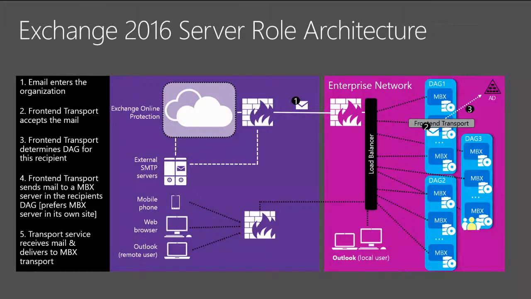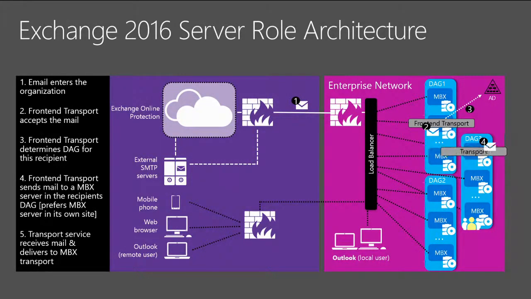So it will send the mail to the transport service running on a machine in that DAG. It usually prefers the transport service running on a mailbox server in its site, but it'll pick any mailbox server in that DAG.